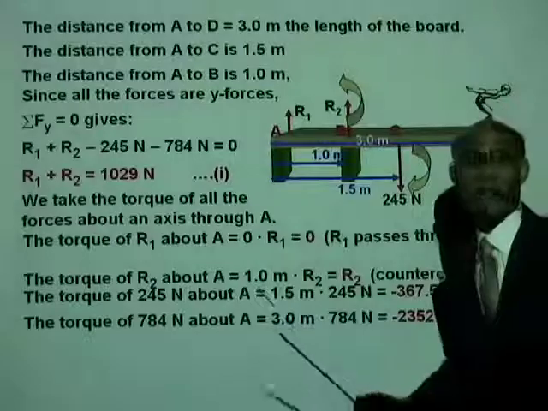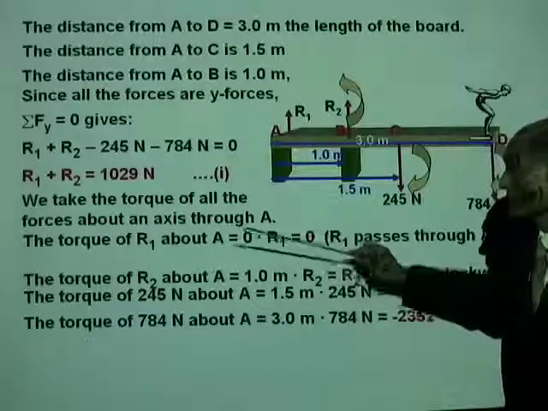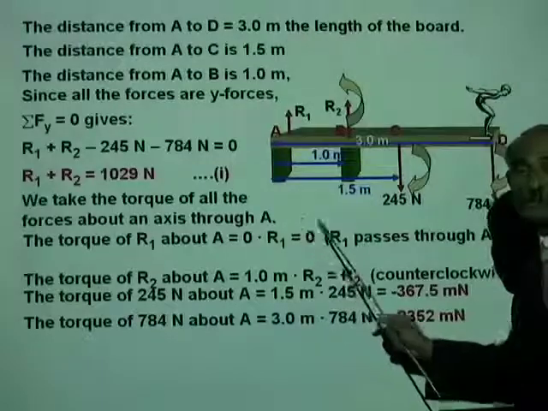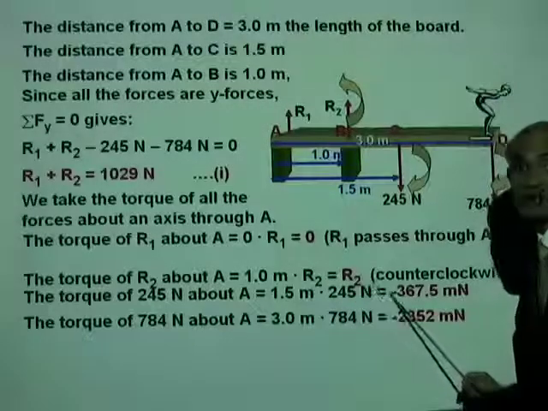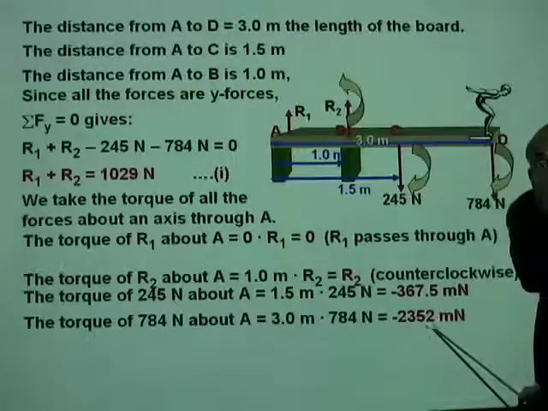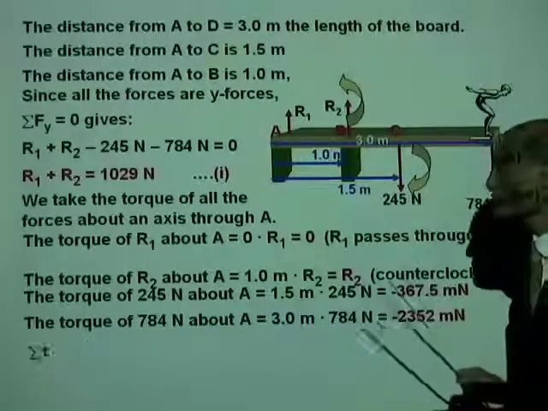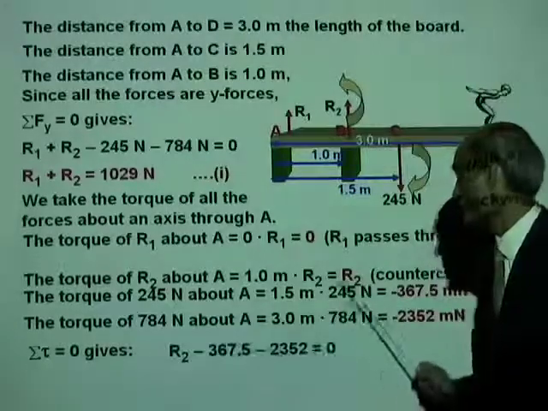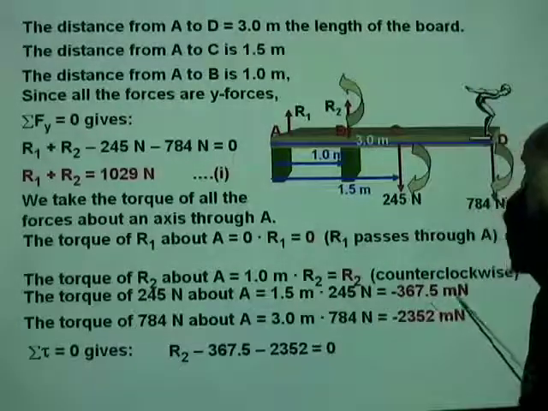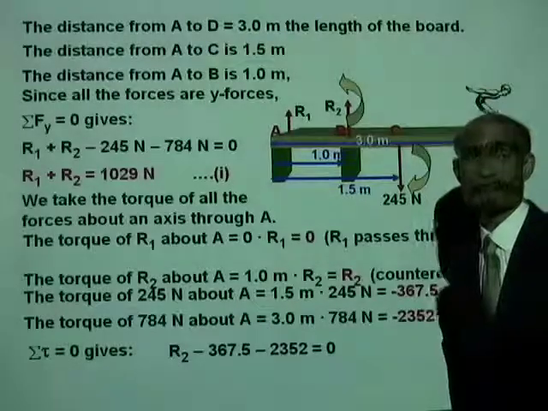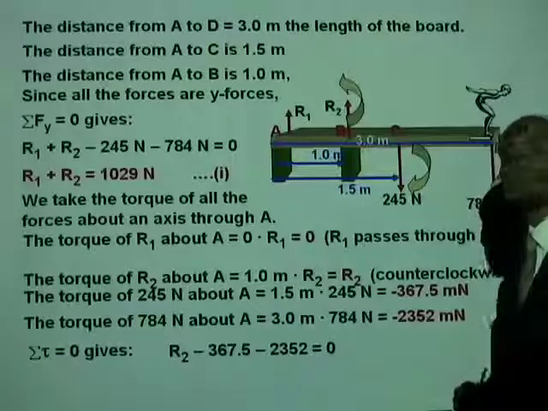And now, let's add all these torques. The sum of all these torques, what will that be? 0 plus R2 minus 367.5 minus 2,352 must be equal to 0. So, R2 minus 367.5 minus 2,352 equal to 0.